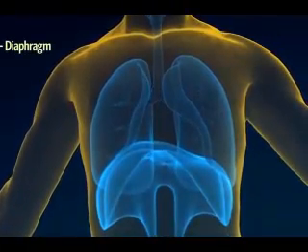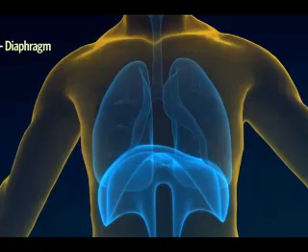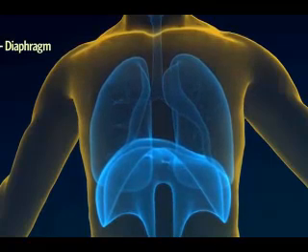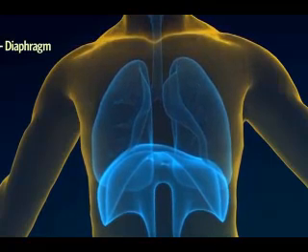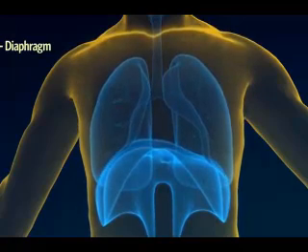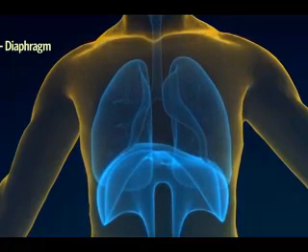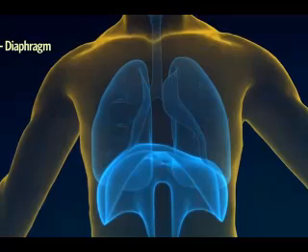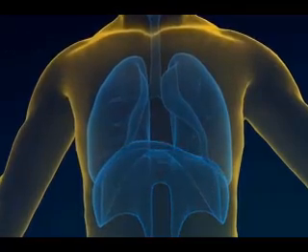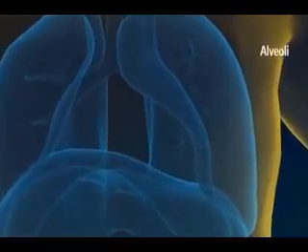Just beneath the lungs, there is a dome-shaped muscle called the diaphragm that contracts when you breathe in and relaxes when you breathe out. It also separates the chest cavity from the abdominal cavity.